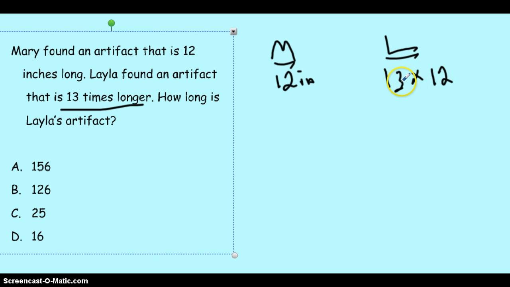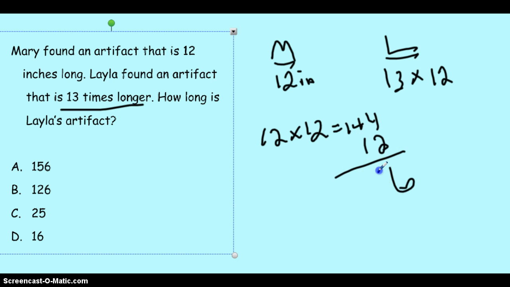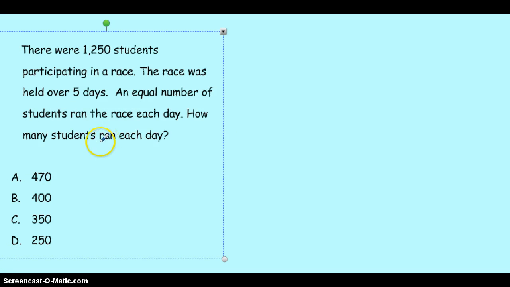So now we have a multiplication problem. I know that 12 times 12 is 144. And one more 12, because these are 13 12s, so if I add one more 12 here, it would equal 156.